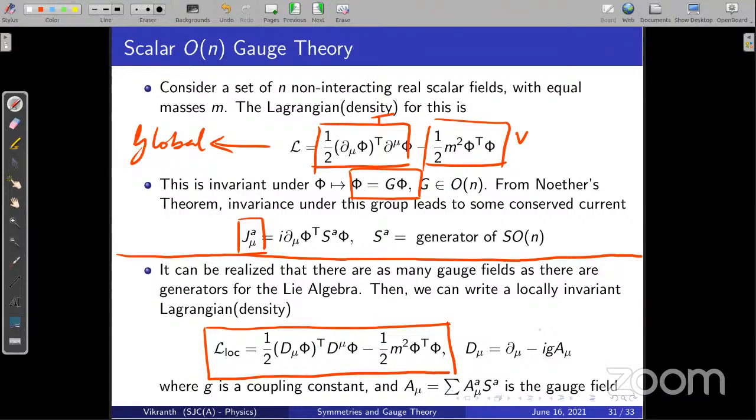I think there were a few questions on chat. Let me check that out. Why Hermitian and traceless? Are they showing some property of the complex space? Good question. The answer, I don't know. I don't think there is any specific reason.